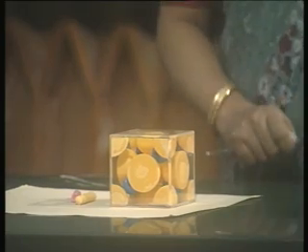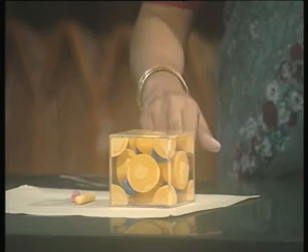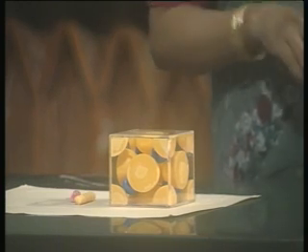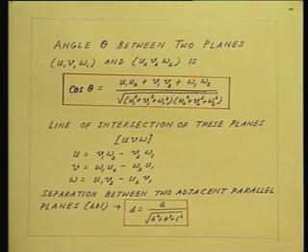The two planes are parallel to each other. The separation between these two planes is given by this relationship: D is equal to A divided by the square root of h square plus k square plus l square, where h, k, l are the Miller indices of this plane.